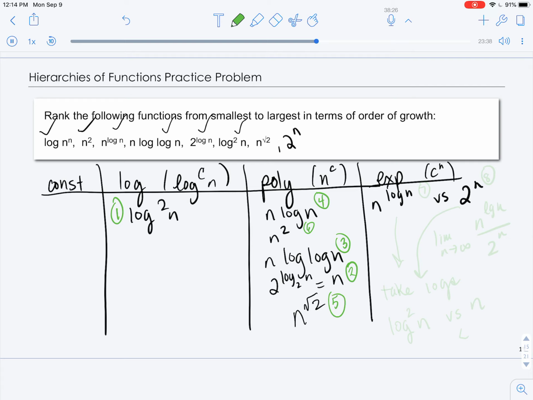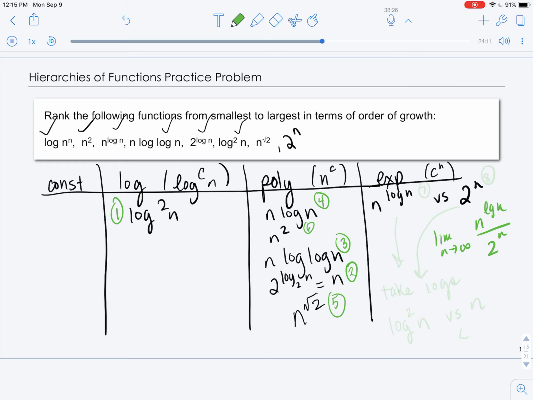Now we have to deal with n raised to the log n versus 2 to the n. And when we consider that, we can just apply the limit rule. So let's see. And we'll recall this is an indeterminate form. It's infinity over infinity, but when we keep on applying L'Hopital's rule, we don't get any place fast.